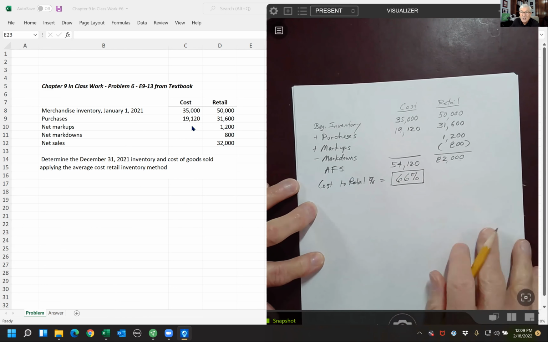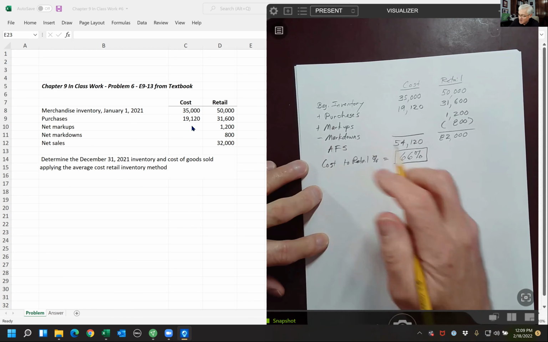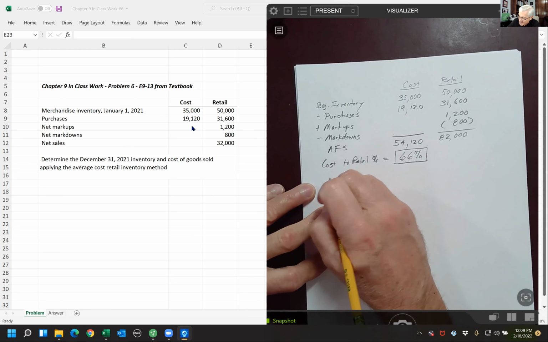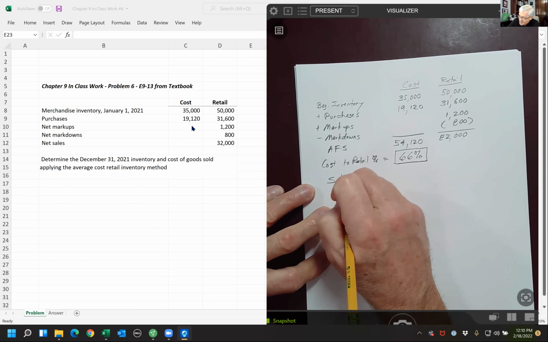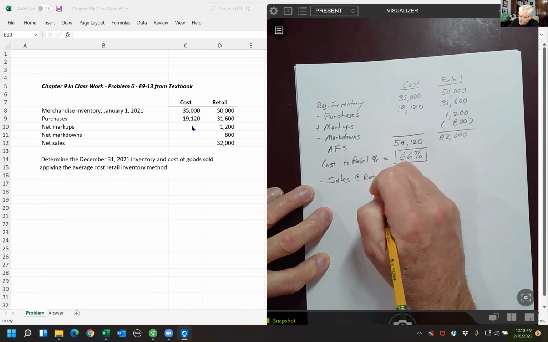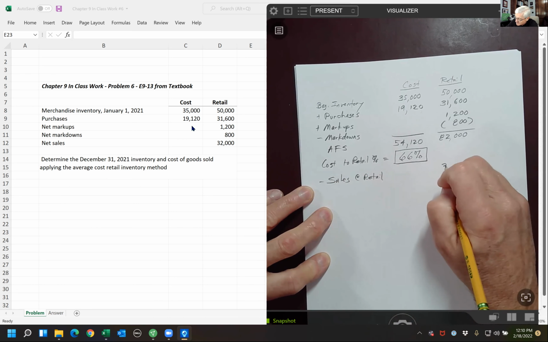Now, off of actual data, I'm going to estimate what my ending inventory and my cost of goods sold is at cost. I'll be able to figure it out at retail. And so minus sales at retail, and the sales at retail were 32,000.